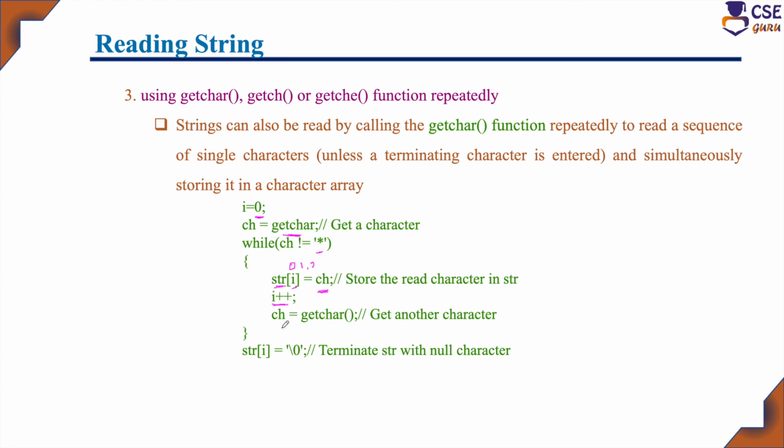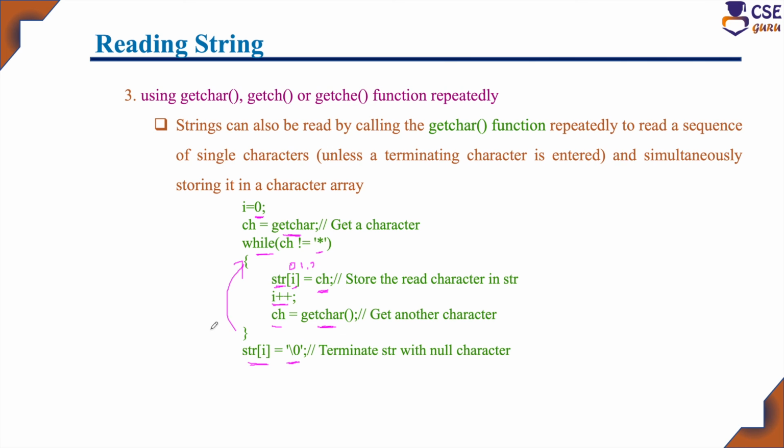Then i should get incremented, ch = getchar() gets another character, and this process continues until the while loop terminates. And at the end you have to set str[i], the last character, to the null character. So this is a simple example program to accept the string using the getchar function.